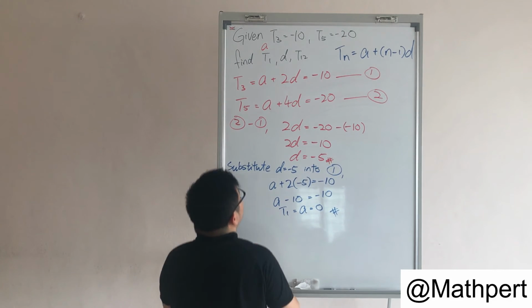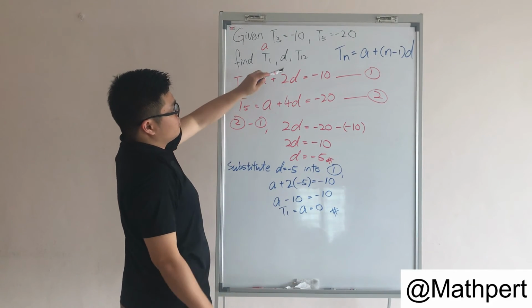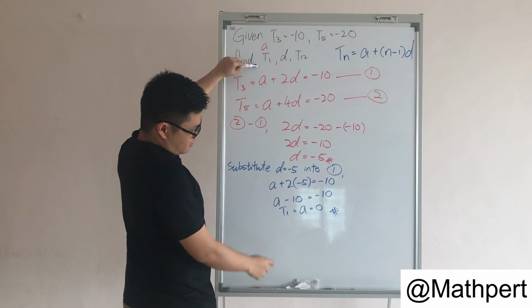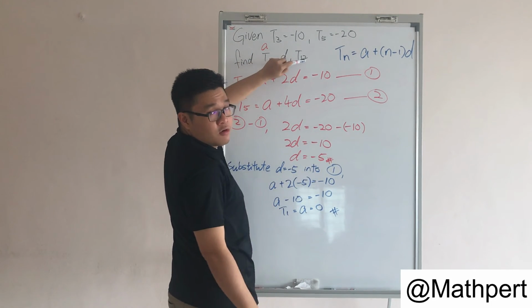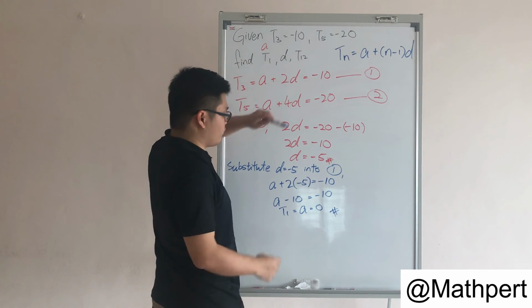So next, we already have T1, which is 0, and d, which is negative 5. Now let's look for T12.